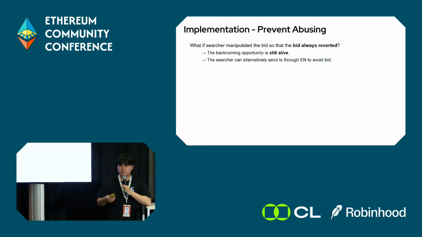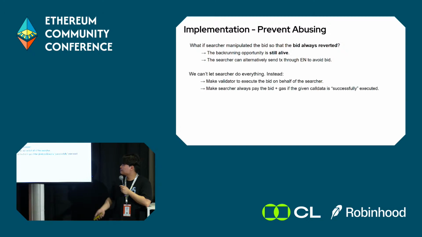In an EVM transaction, revert means that nothing happens except the gas fee and nonce, something like that. So it means the bank running opportunity is still alive, even if we select the winner's bid. If the searcher can make their bid always revert, then they can send an alternative bank run transaction not through the auctioneer to the network, to try not to pay the bid.